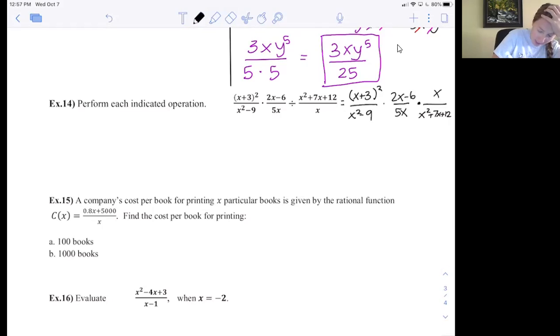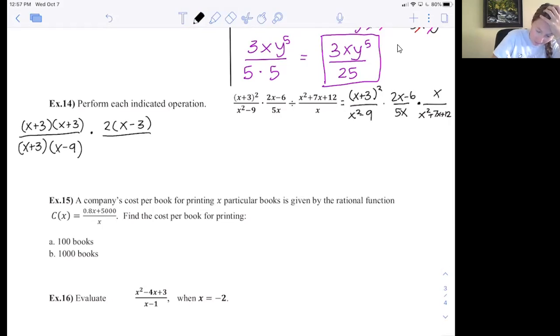(x plus 3) squared I can't factor, but with it being squared, I'm just going to rewrite it to be x plus 3 times x plus 3. Then on bottom, x squared minus 9, I can factor into x plus 3 and x minus 3. That times 2x minus 6, I can take a 2 out, and I'm left with x minus 3.